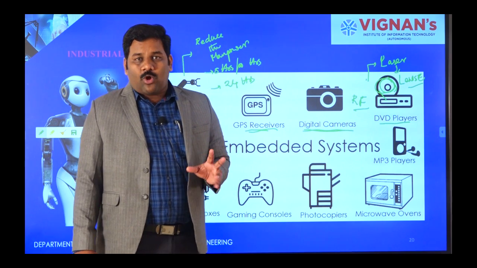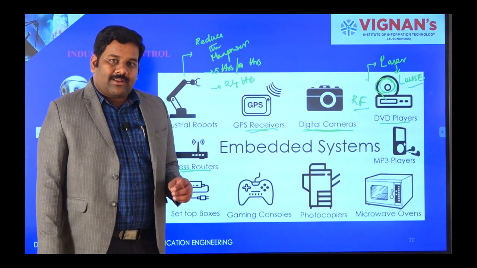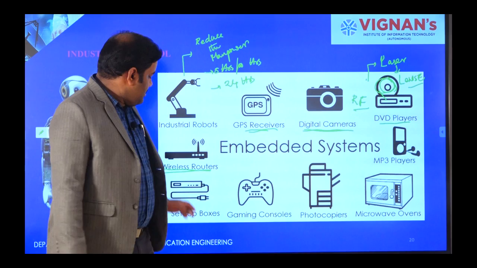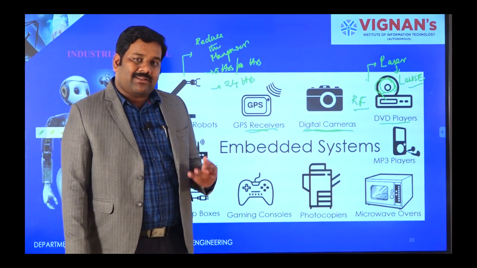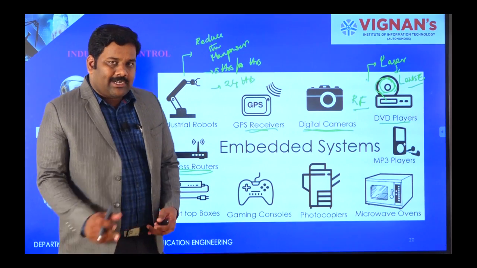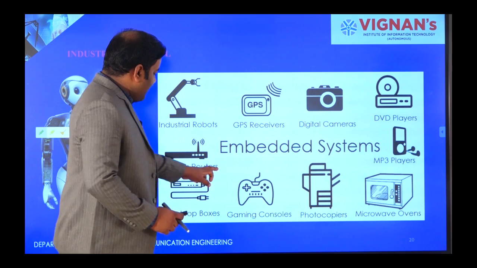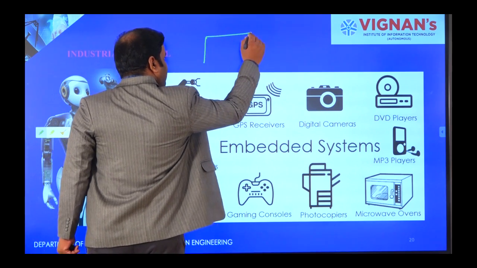Nowadays, the most common thing is internet facility. Out of 100 people, 70% have wireless routers, meaning they have internet in their homes. I think you might have observed that when you ask for a wireless router, internet, they put one set-top box in your home.